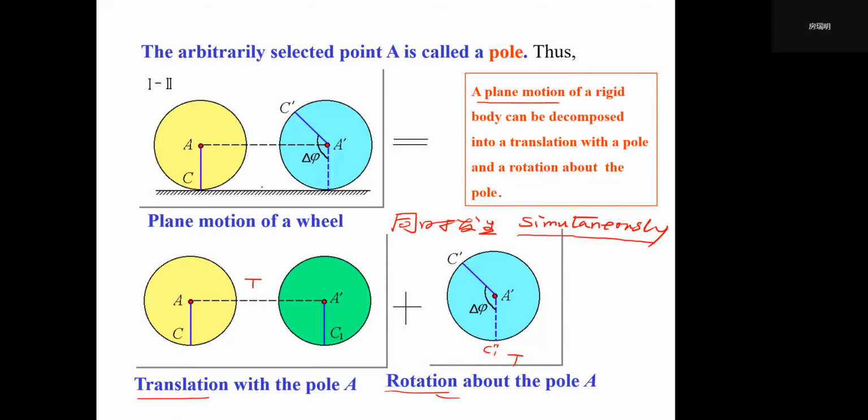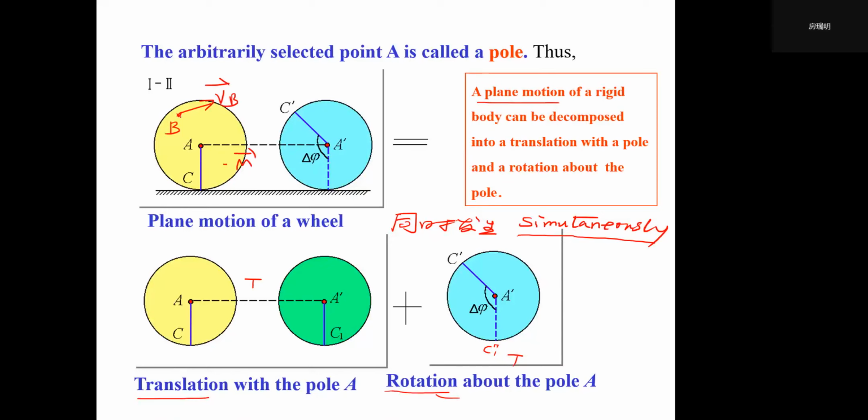Okay. If you guys can totally understand, then next time we'll talk about how to use this theorem. So if we select a point on this rigid body, let B, let's know its velocity VB, and any other point on the same rigid body, let's say M. So we try to figure out its velocity, so we can use this kind of thing.